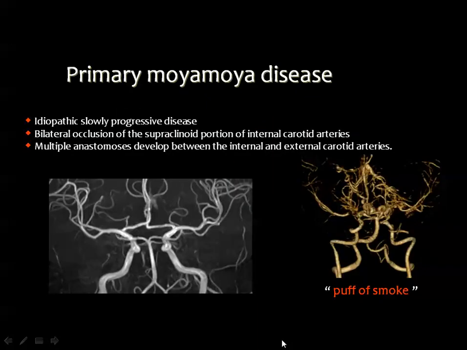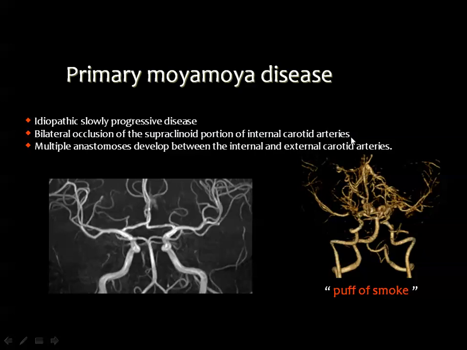Finally, we came to the Moyamoya disease, and Moyamoya disease, by definition, is an idiopathic, slowly progressive disease affecting the supraclinoid portion of the internal carotid arteries.